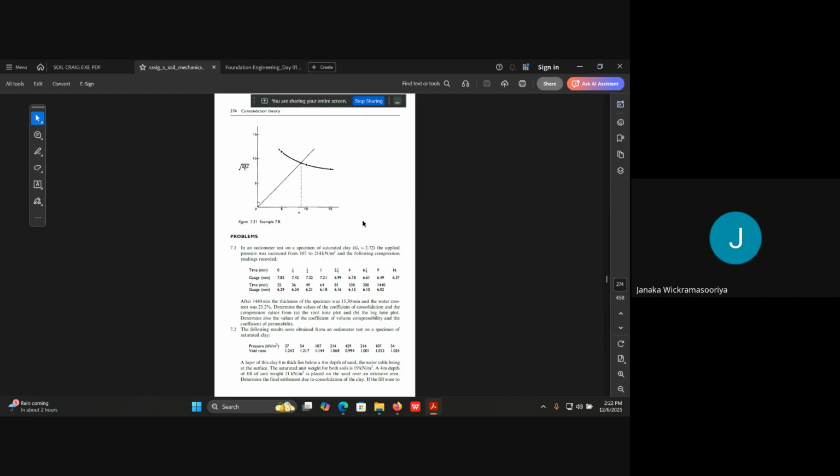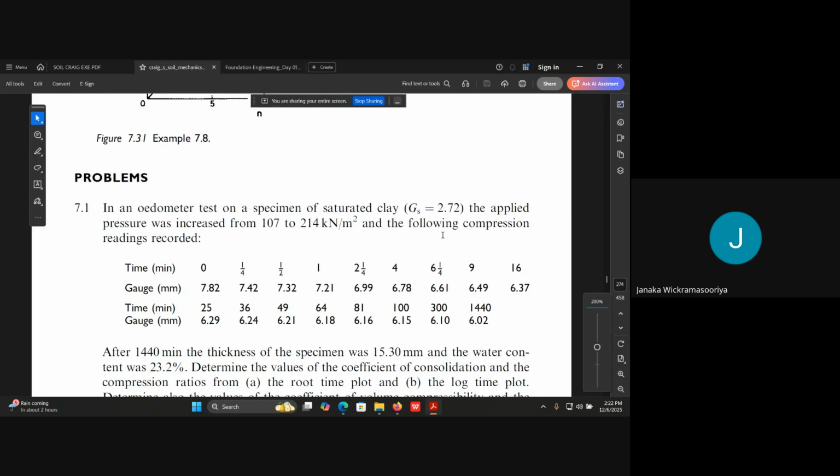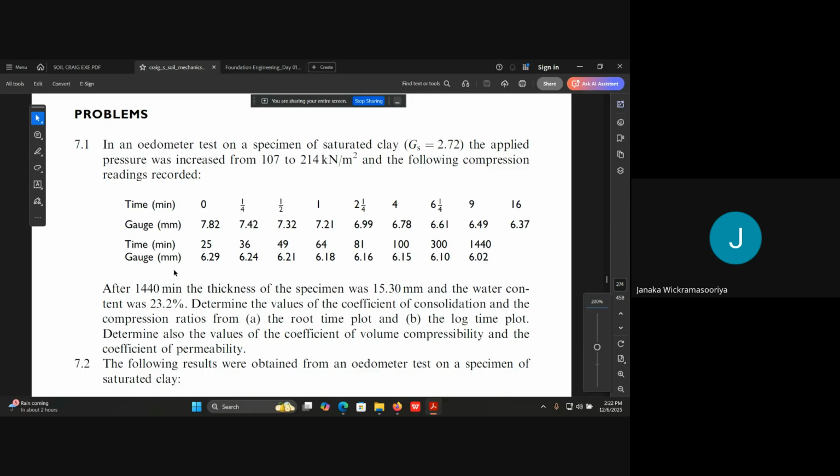So let's take a consolidation question. Shall you try this 7.1, question number 7.1?